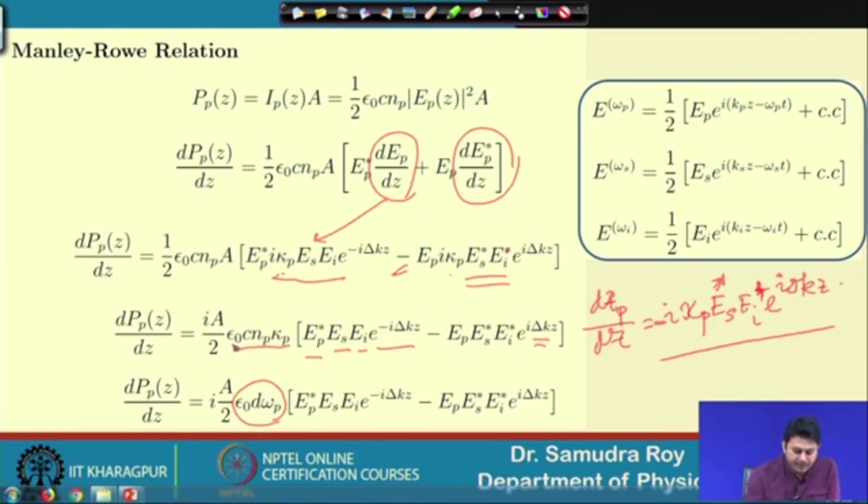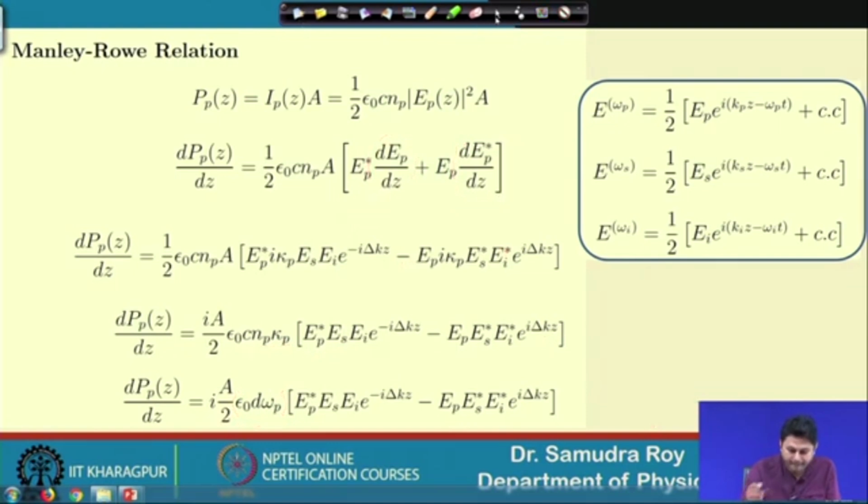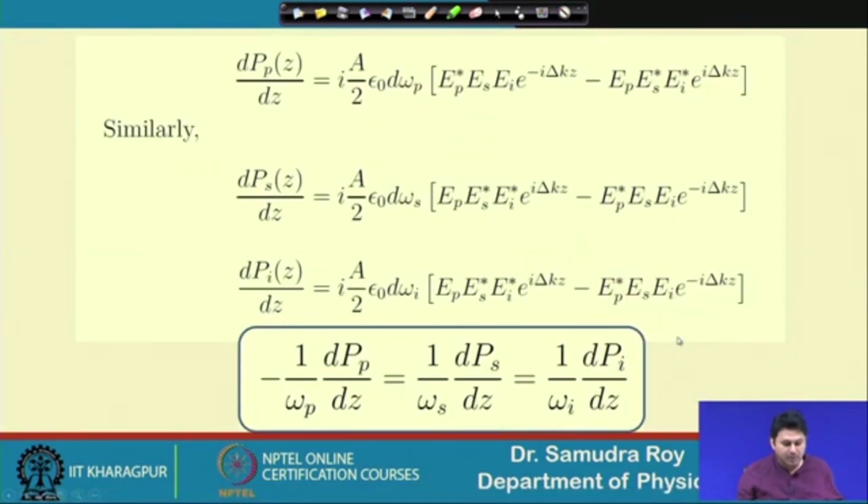Because epsilon 0 C N P is multiplied by kappa p, and kappa p was simply d of omega p divided by N P of C. So, this N P C will cancel out, and we will have d of omega p, which is here. Next, we will have this form.